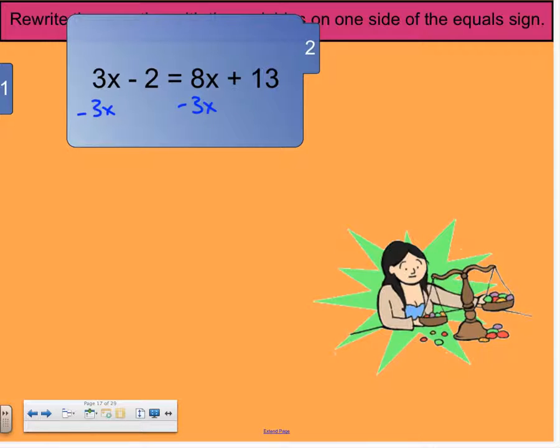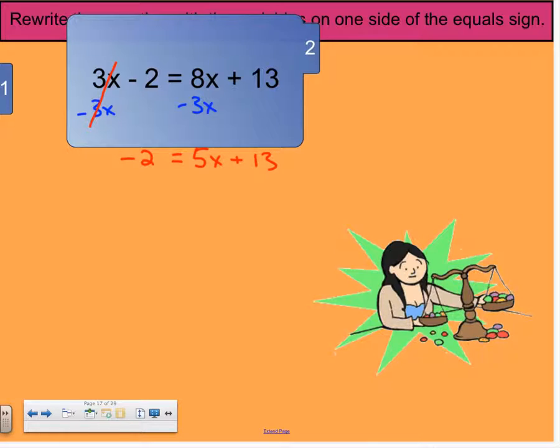So if I have a positive 3x and I subtract the 3x, that cancels each other out, right? Like a zero pair. Now, what does that leave me on the left side of the equation? You have to make sure that you understand that it leaves you a negative 2. If I have the 8x and I subtract 3x, how much do I have left? 5x. Very good. 5x plus 13.